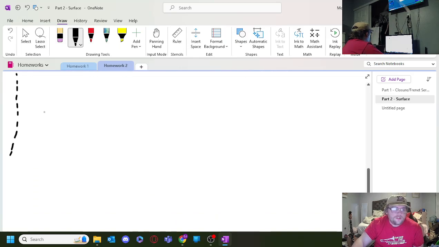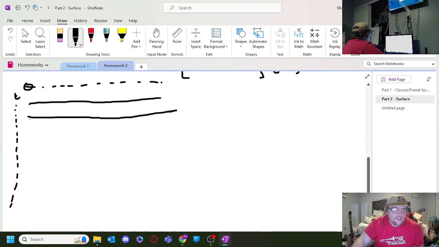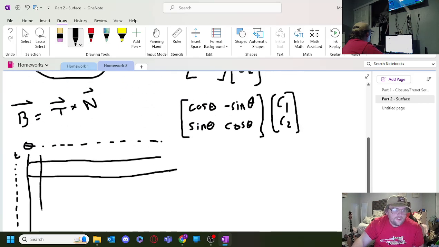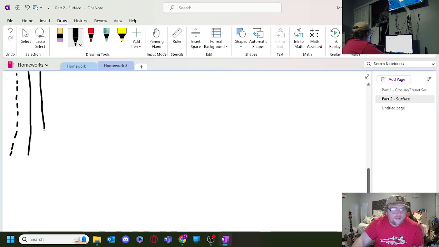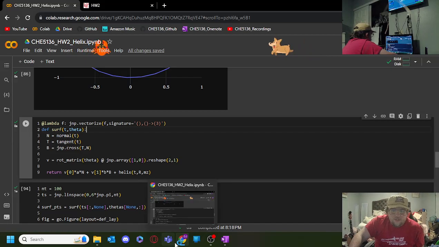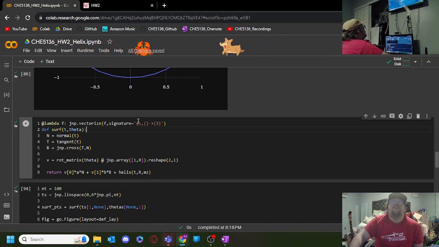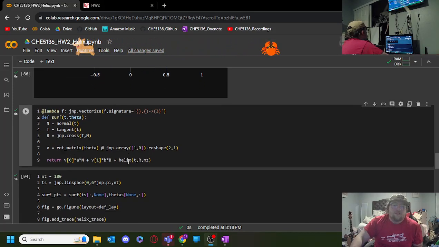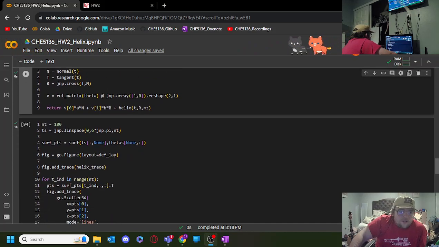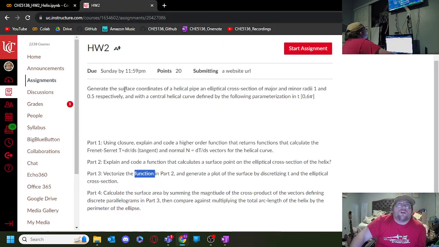Or vice versa, at this theta, we want calculations for all t's, and so on and so forth for every t. So that's what this vectorize is essentially doing. That's where that came from. That's what the vectorize in the homework is talking about here.